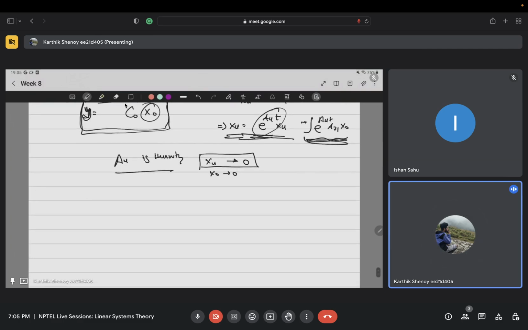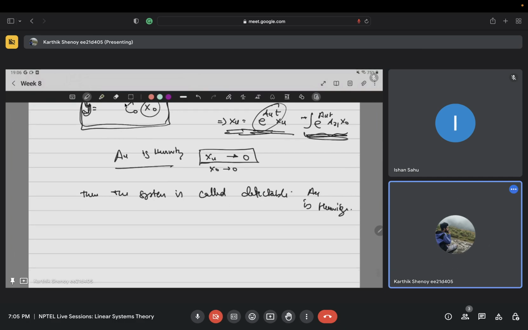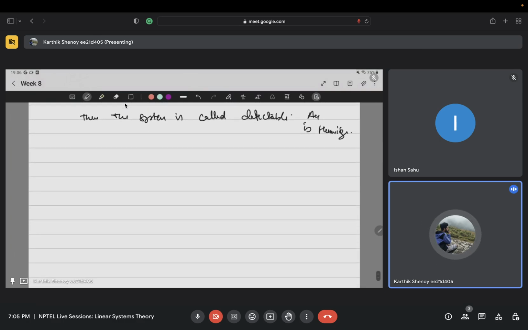So if AU is Hurwitz, then the system is called detectable. The system is called detectable when AU is Hurwitz, or it's a stability matrix. So you first decompose. The only way to check is, one way is to decompose and check AU.